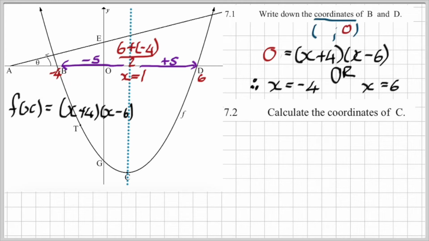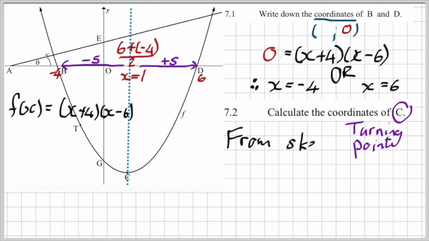Calculate what? Coordinates again. But what makes C so special? It is the turning point. So if I look at the sketch, I can just say, oh, but wait, on the sketch, I've got x as being 1. But you guys, if you've watched a few of my videos, you will know I'm never content with just one option.